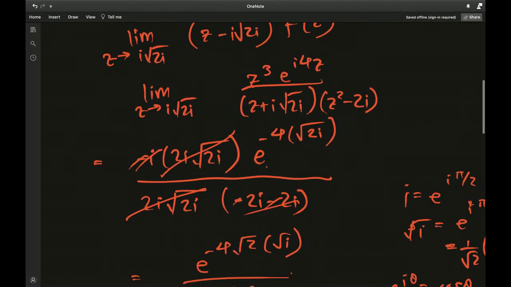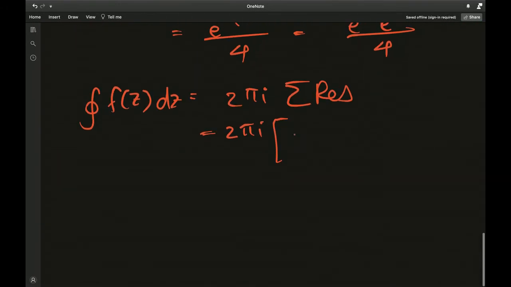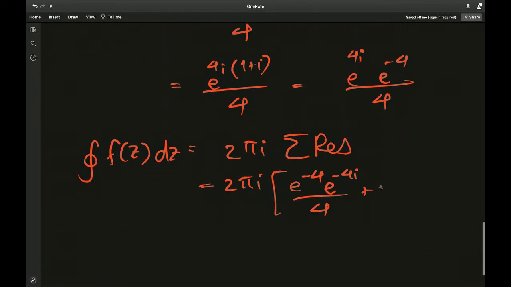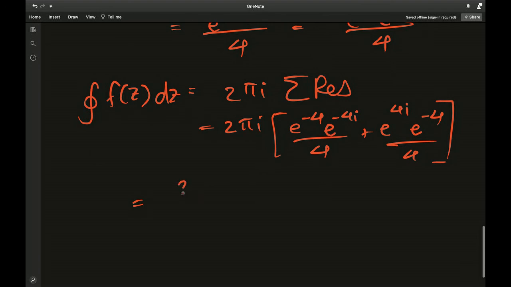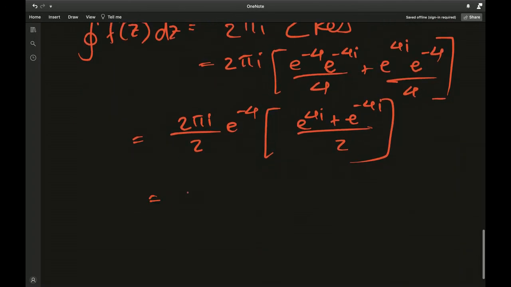So then we take residue number 1, which was e to the negative 4 e to the negative 4i over 4, and you add that with this guy plus e to the 4i e to the negative 4 over 4, and notice there are some common factors. Take out a 2 and e to the negative 4: 2 pi i over 2 e to the negative 4. We'll have e to the 4i plus e to the negative 4i over 2 because we took 1 2 outside. Now this is just the formula for the cosine.